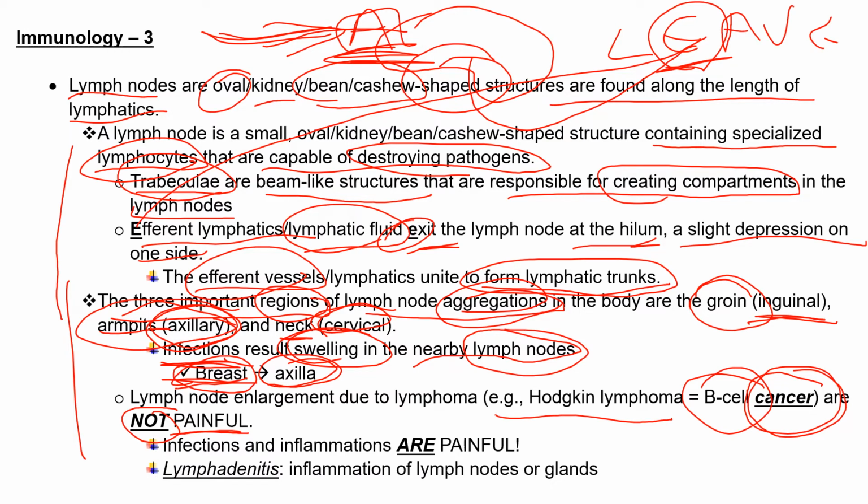And in Hodgkin lymphoma, you have lymph node enlargement, only those enlargements are not painful. So if someone has painful lymph nodes, it's good. If they have any questions about whether they have cancer or not, it's more likely than not that not painful means cancer and painful means no cancer.